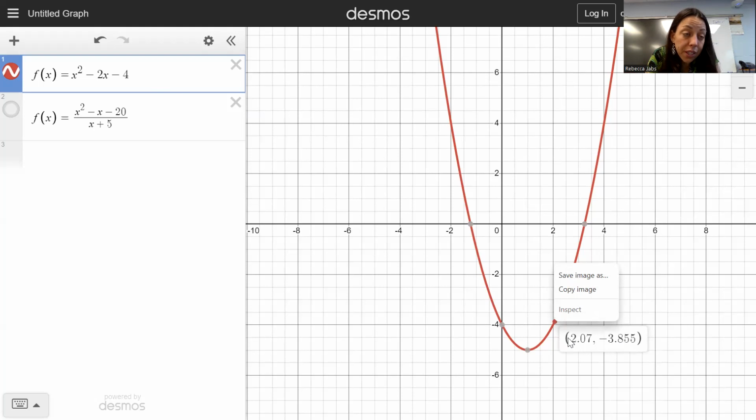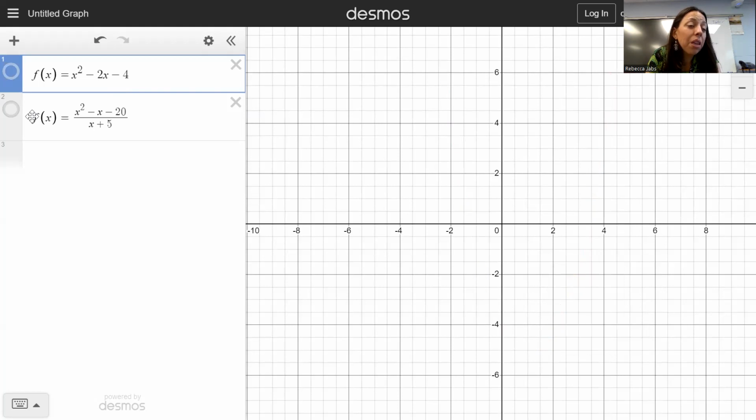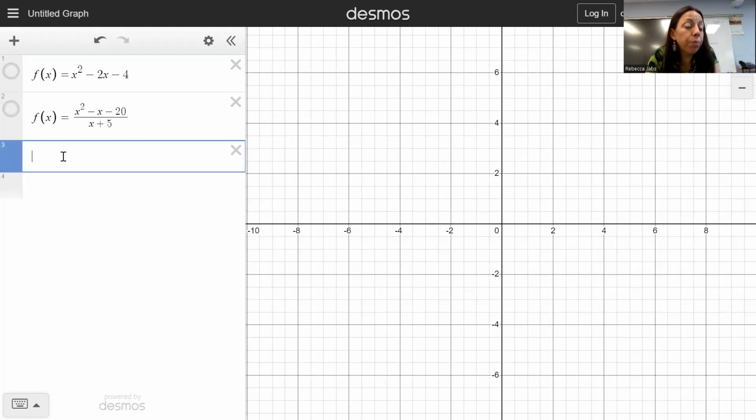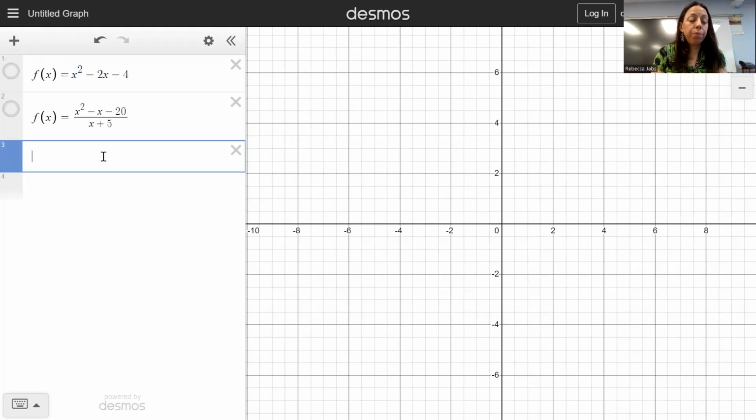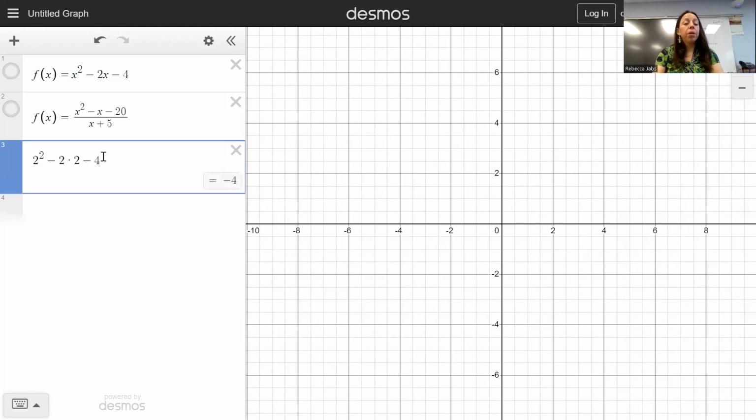But since this graph is continuous, instead of having to go to Desmos and look at Desmos, let's say I didn't want to look at the graph. What number did I say we should be getting close to? 2. So if I look at this top equation and instead plug in 2 squared minus 2 times 2 minus 4.